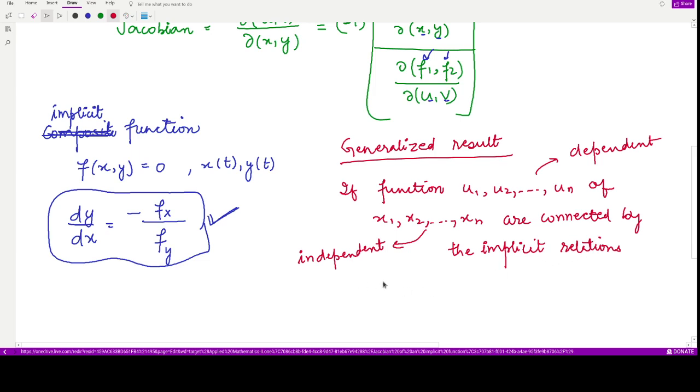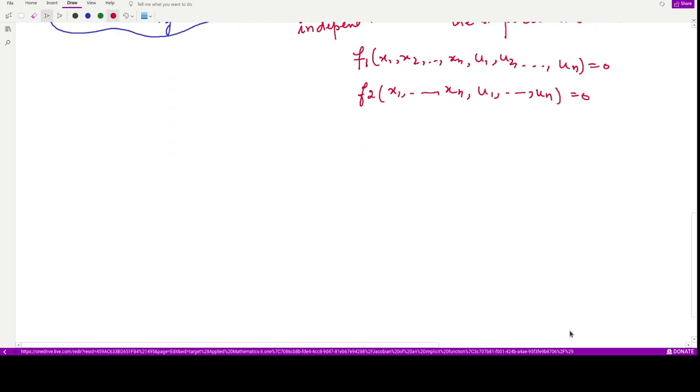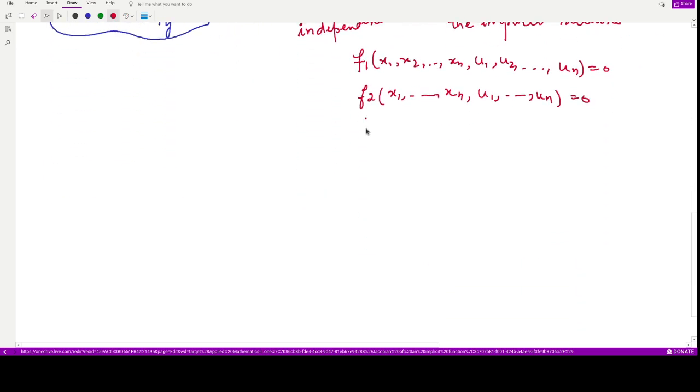of the form: suppose the first equation is f1 of x1, x2 up to xn, u1, u2 up to un equal to 0. Second equation is f2 of x1 to xn, u1 to un equal to 0. And the last equation is fn of x1 up to xn, u1 to un equal to 0.